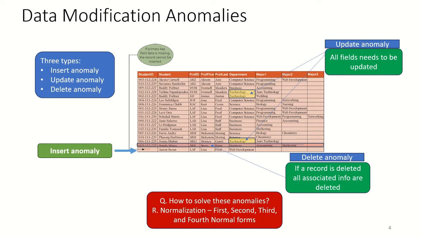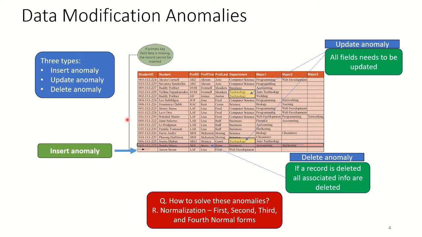Whenever we talk about data modification anomalies, we divide them into three types: you either insert, update, or delete. These are the three scopes within data modification. So there are three types of anomaly, and let's see on the table itself what the different anomalies are.